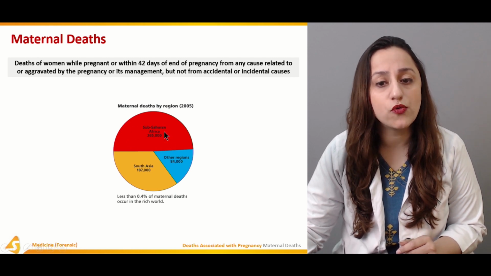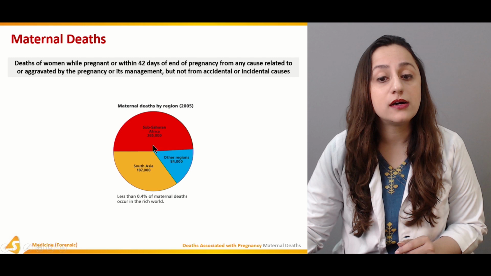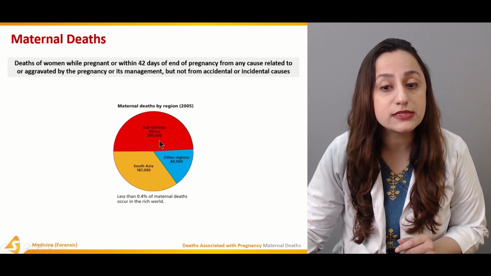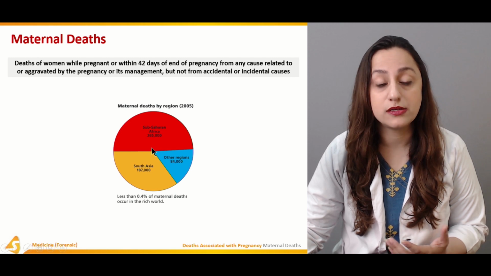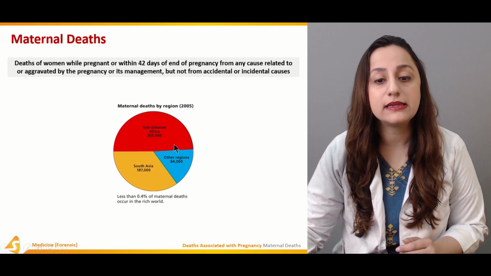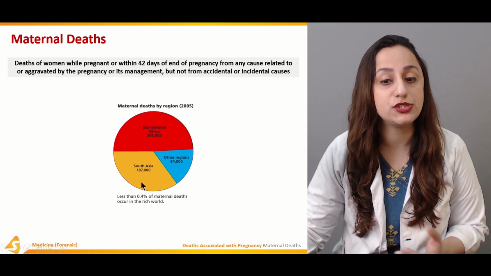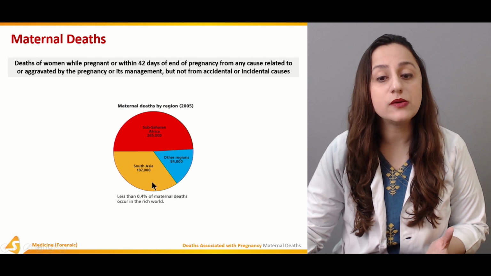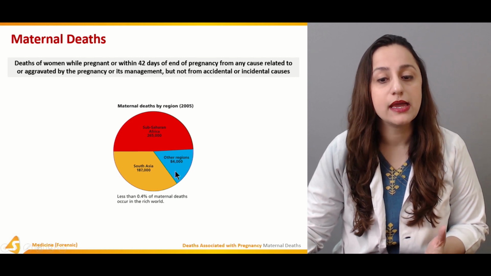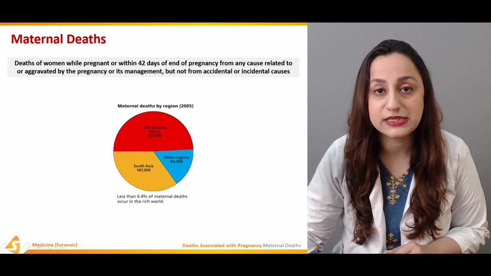It's giving you an overview that in Africa, 265,000 women die due to these maternal related causes, and in South Asia, almost 187,000 women die due to these maternal deaths that are occurring in the world. And if we calculate in the other regions, it's almost about 84,000 deaths.